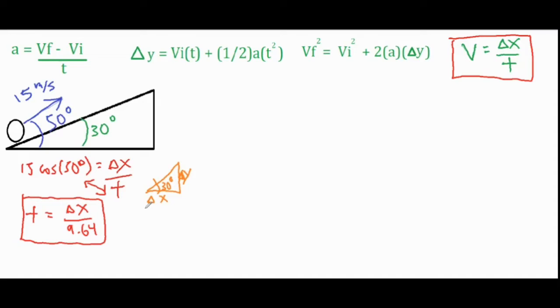Now, the way that they're related is by the tangent of the angle, because tangent is opposite, which is your delta y, over adjacent, which is delta x, which means that the tangent of 30 degrees equals delta y over delta x. So we're going to multiply both sides by delta x, and then that would give us delta x times the tangent of 30 degrees equals delta y.